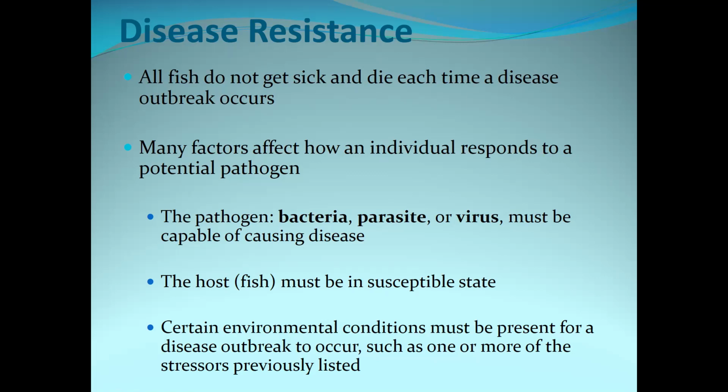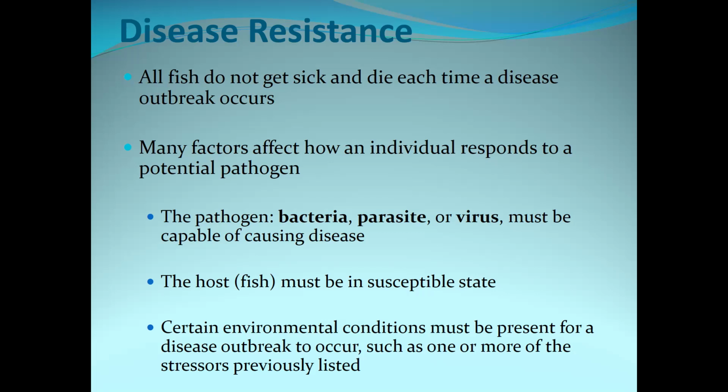So, disease resistance. Just like ourselves, not all fish get sick and die each time a disease outbreak occurs, right? Not saying that we are fish. We could see that with COVID-19. A lot of people got COVID-19 and they had different levels of susceptibility.